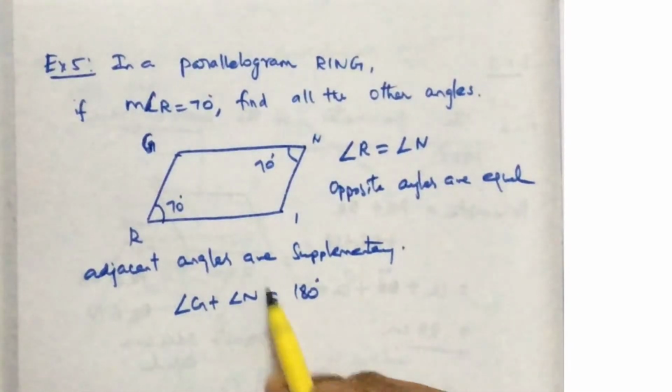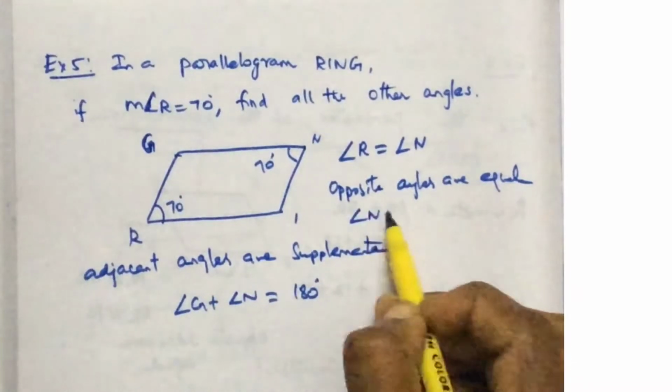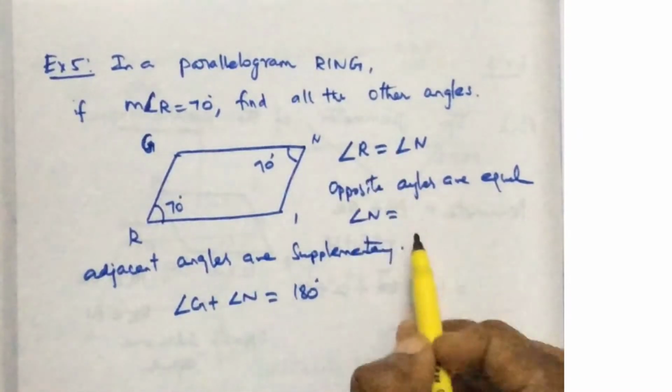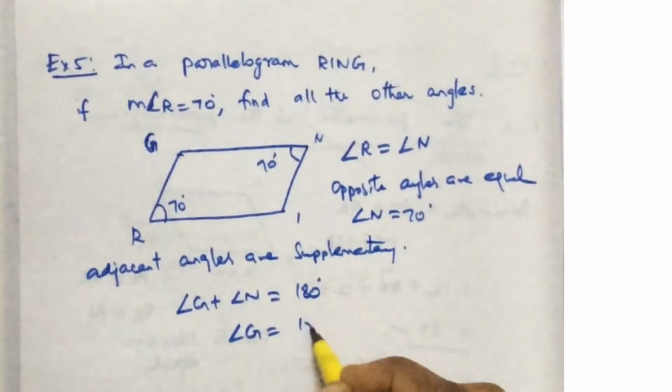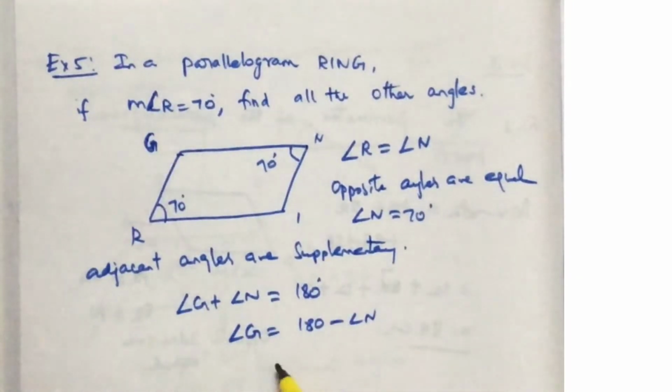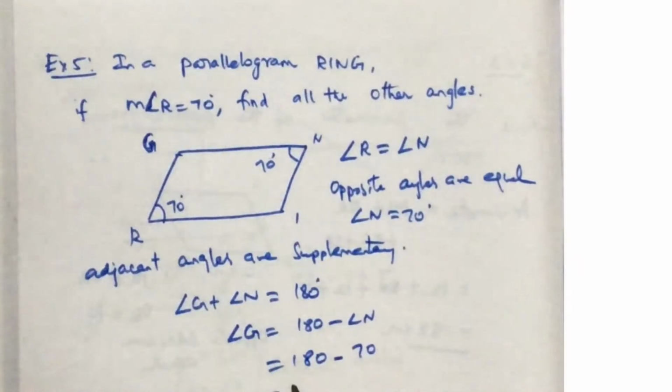So already I know angle N, which is equal to angle R, 70 degrees. So angle G equals 180 minus angle N, that is 180 minus 70, which equals 110. That is angle G.